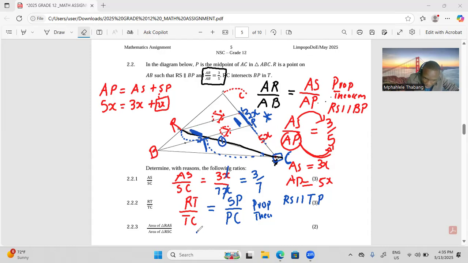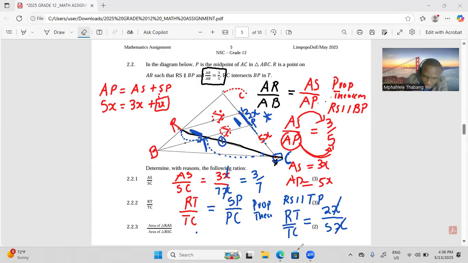So I have a right to say RT over TC equals, my SP is 2x, my PC is 5x. So actually RT over TC is 2 over 5.